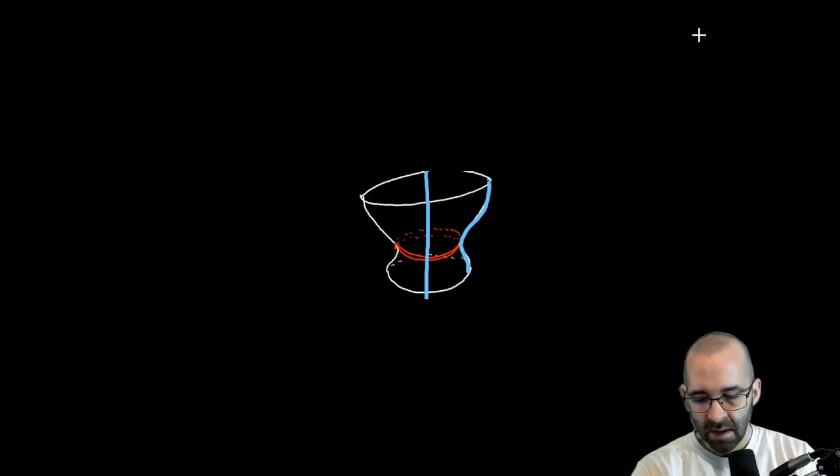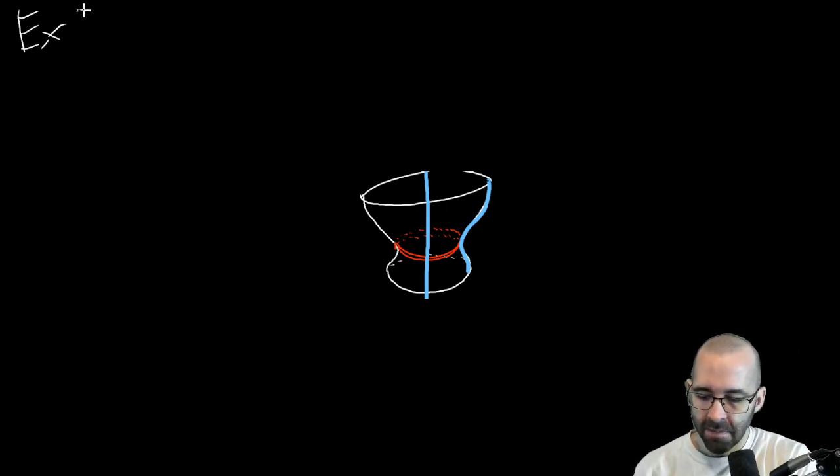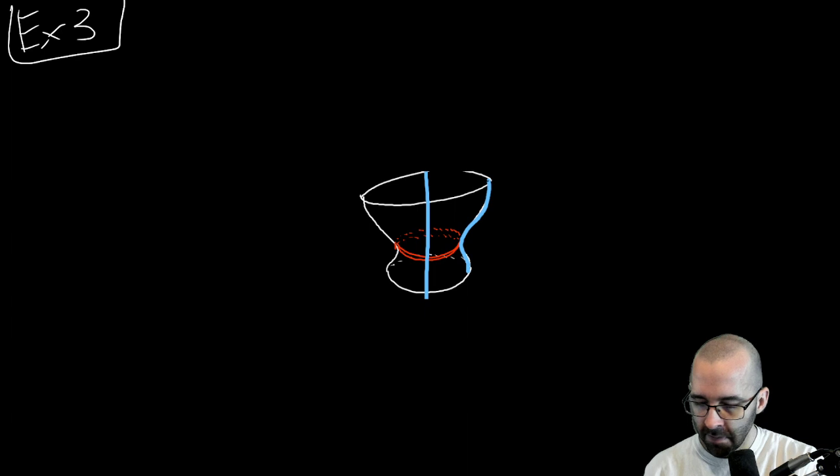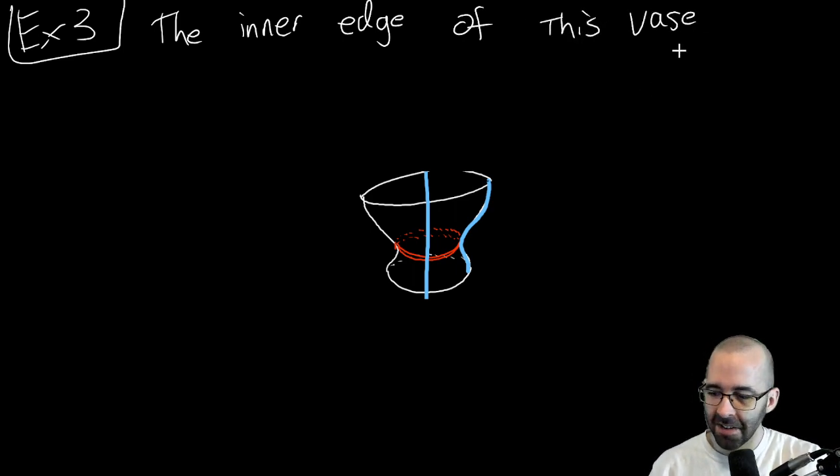Okay. So, example 3, we're going to do pottery again. The inner edge of this, I'm going to call it a vase. I don't know the right word. Pot.